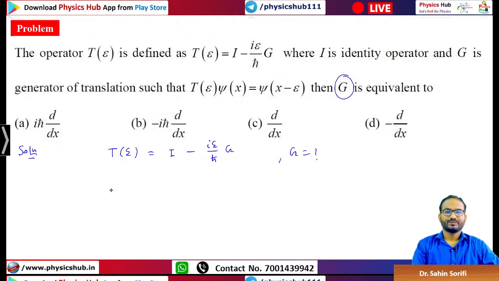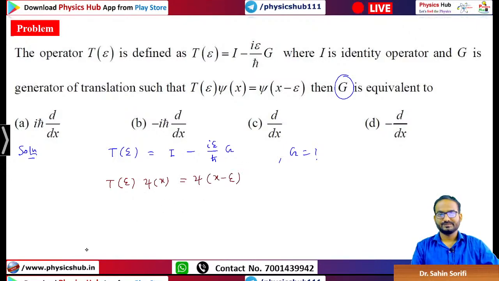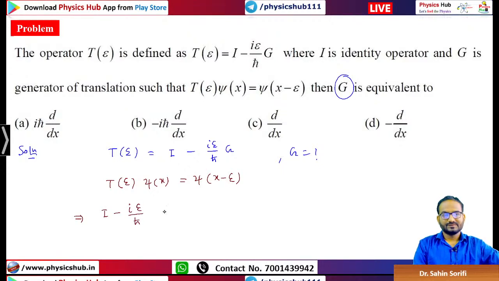So you see, T of epsilon psi of x is equal to psi of x minus epsilon, given to you. What you can do, let's put the value of T epsilon, that is I minus I epsilon by h cut times G of psi x is equal to psi of x minus epsilon.